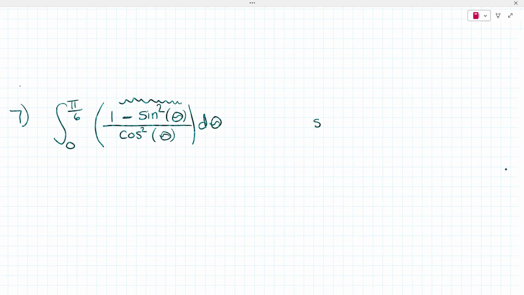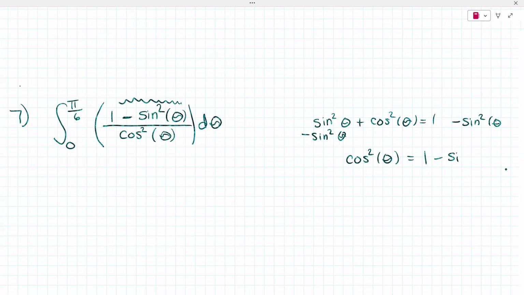If you recall, sine squared theta plus cosine squared theta equals 1, right? And if I subtract sine squared theta from both sides, that gives you cosine squared theta equals 1 minus sine squared theta.